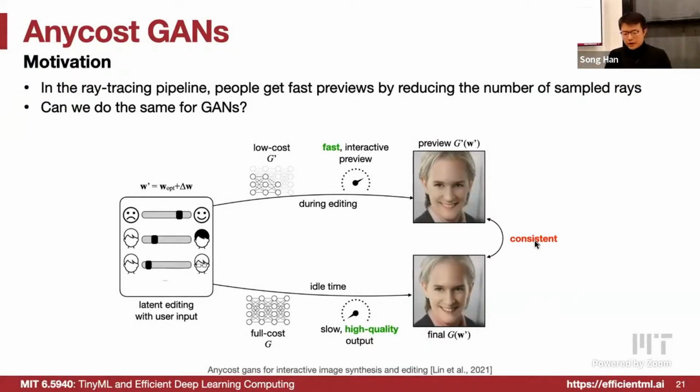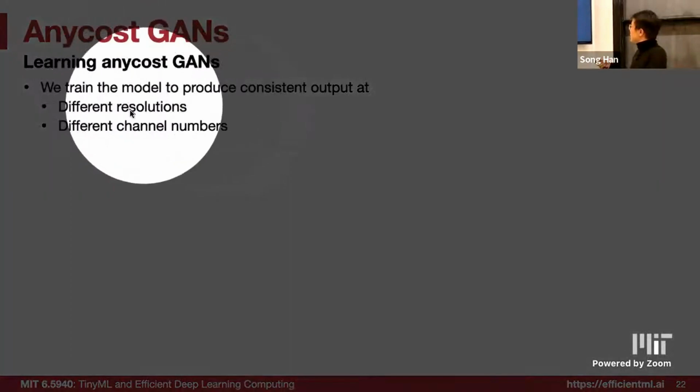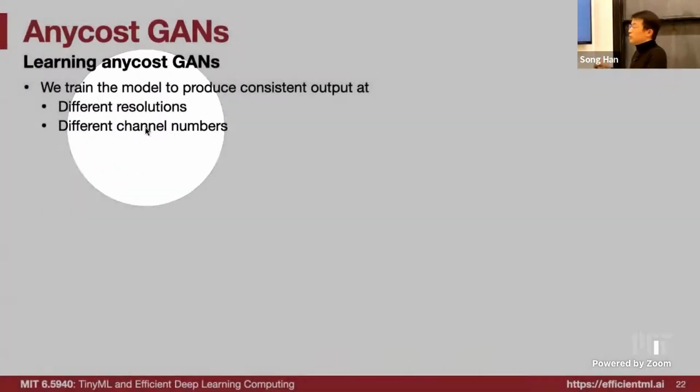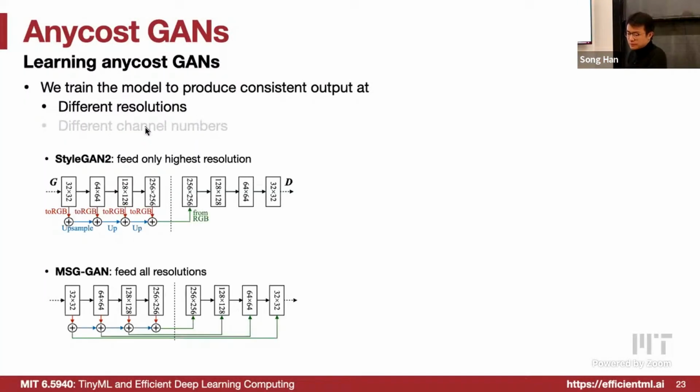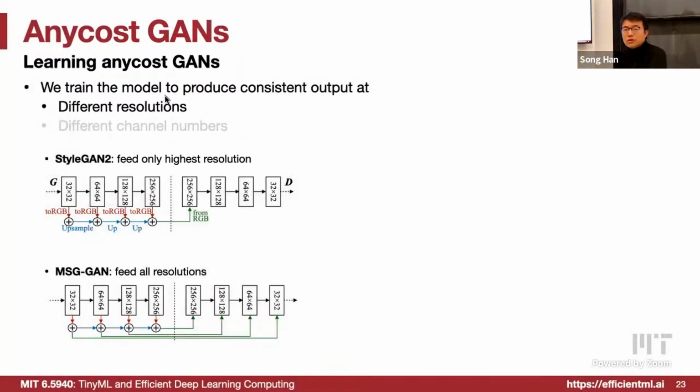And let's see how we can achieve that. So let's specify what dimensions we want to make elastic in the once-for-all approach. We want to support different resolutions and different channel numbers. So with StyleGAN, let's first see how we support different resolutions.